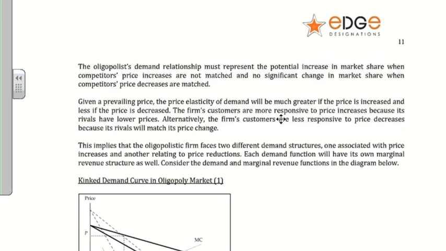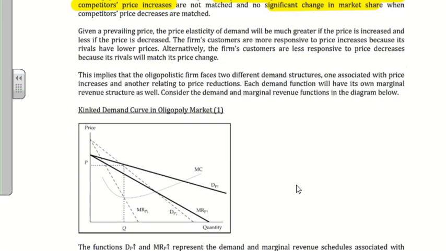The oligopolist's demand relationship represents the potential increase in market share when competitors' price increases are not matched. There's no significant change in market share when price decreases are matched. Given a set or prevailing price, the price elasticity of demand will be much greater if the price is increased and less so if the price is decreased.